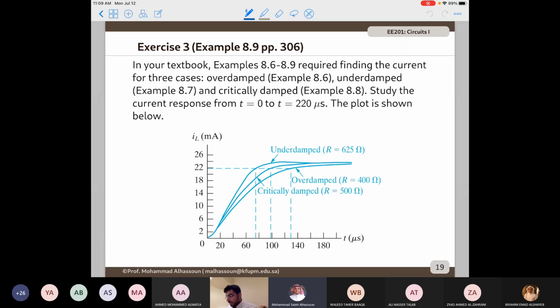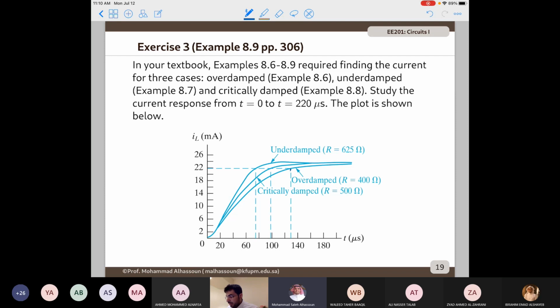Let's start with an overdamped response. You will see that it will take a while to get to the final value. It will not reach it very quickly. The one that's going to reach it very quickly is actually the critically damped.